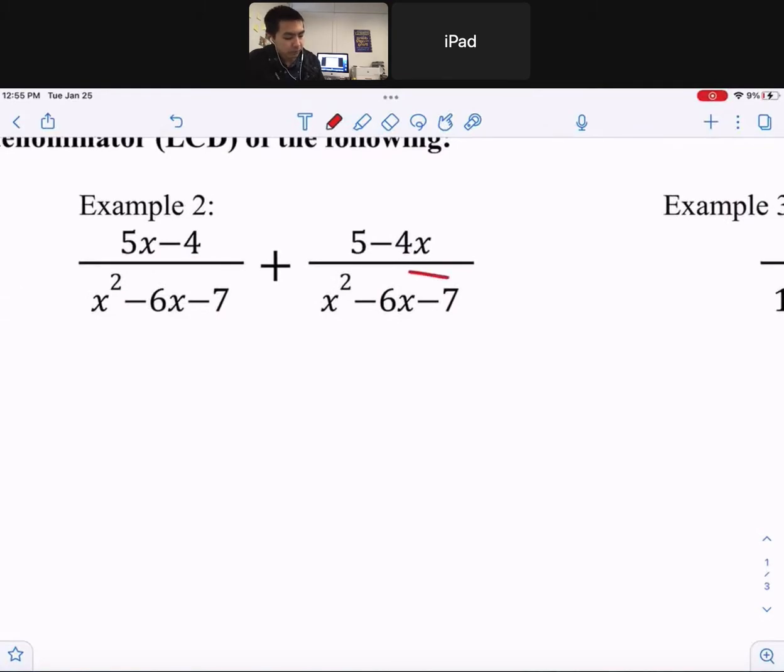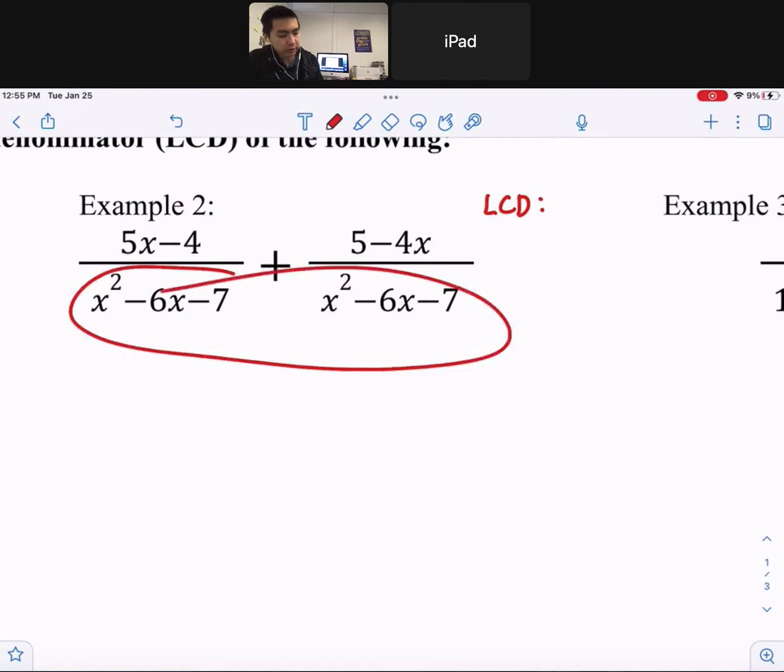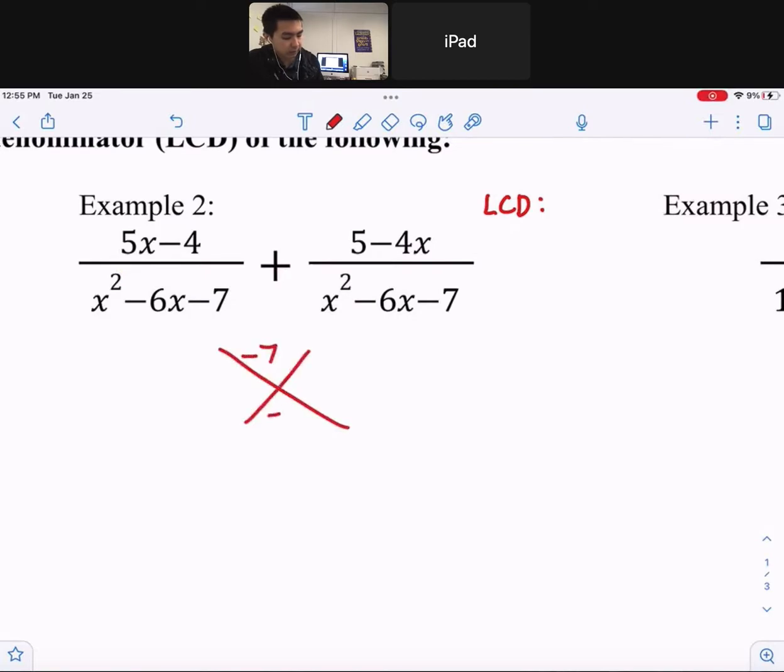Both of these have the same common denominator. That means we could automatically add these together, but I want to factor these out first, because that's always a good common rule, to factor them out first. When we factor this, we're going to get x minus 7 over x plus 1.